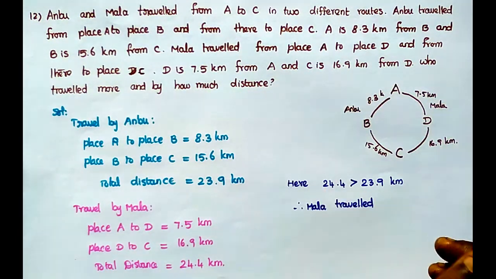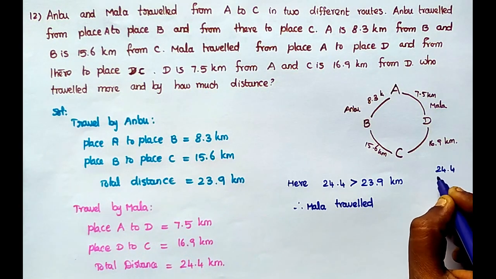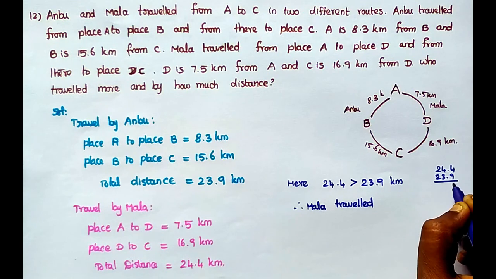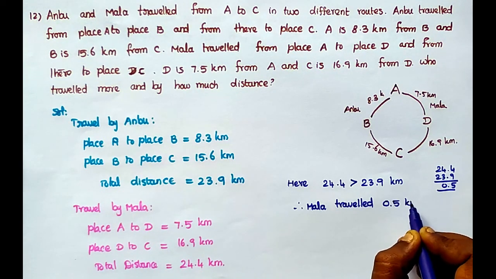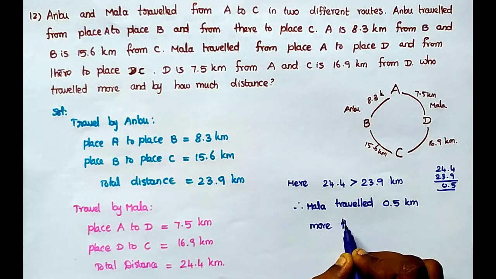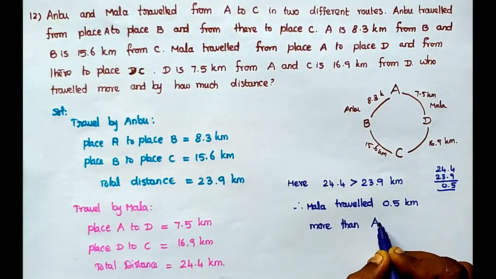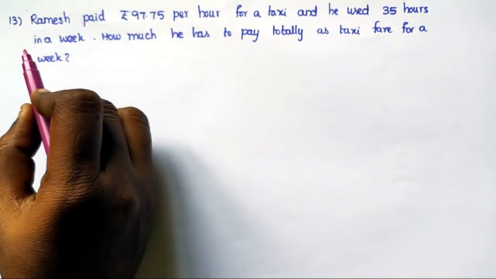We subtract these two numbers, 24.4 minus 23.9, we get 0.5 kilometer. So Mala travelled 0.5 kilometer more than Anbu. That is the answer.